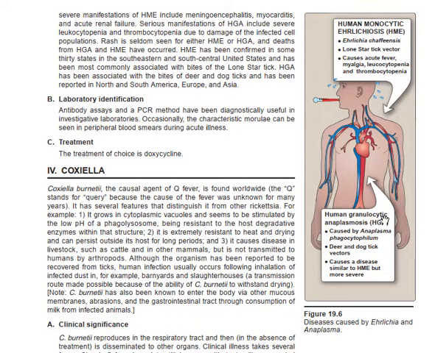Now the next disease, caused by Anaplasma, is human granulocytic anaplasmosis. In monocytic ehrlichiosis, the monocytes increase in number while other leukocytes and thrombocytes decrease, which is why you have leukocytopenia and thrombocytopenia.